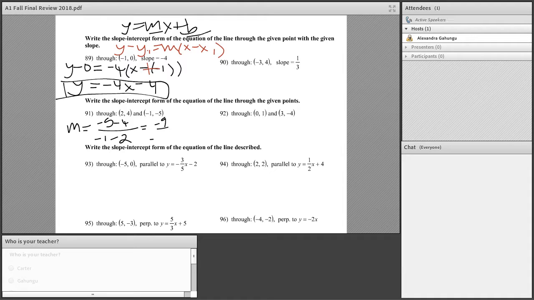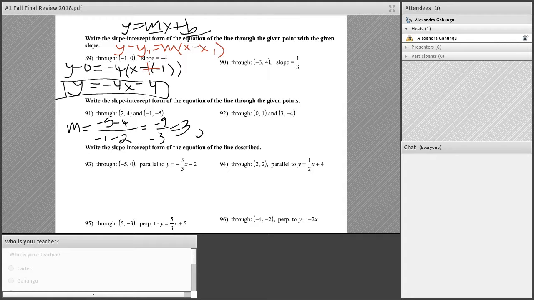So -9 over -3. So our slope is +3. Okay. So we get a +3.